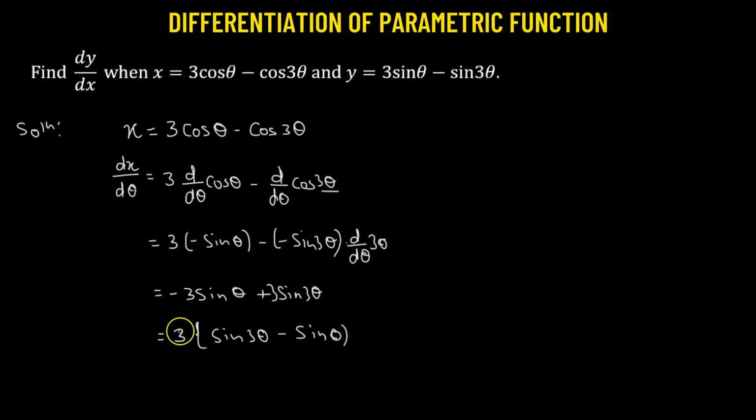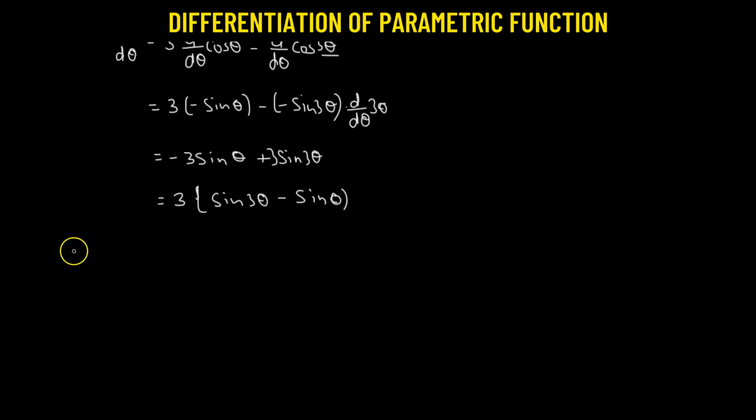Right. Now, we will use a trig identity, which is the expansion of sine 3 theta. The expansion of sine 3 theta is 3 sine theta minus 4 sine cubed theta.